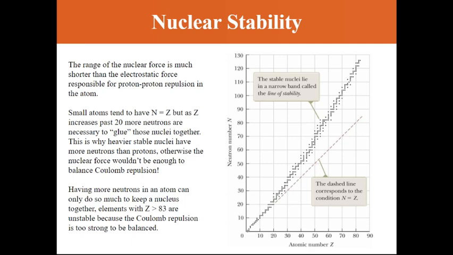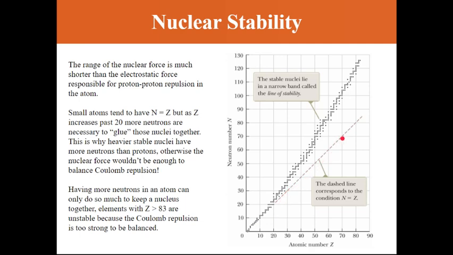So that's why for heavier nuclei that have more than 20 protons in their nucleus, so elements with atomic number of 20 or more, their stable forms usually have more neutrons than protons. As you can see here, this is showing you the naturally occurring isotopes of elements in nature.